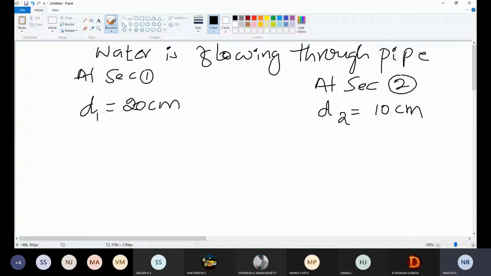The rate of flow through the pipe is 35 liter per second. The discharge. So the rate of flow, what is the symbol for discharge? Vikash?